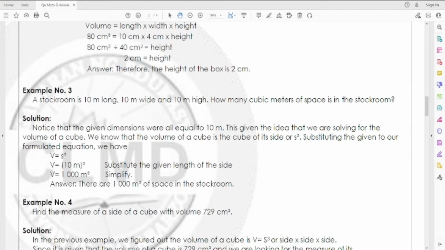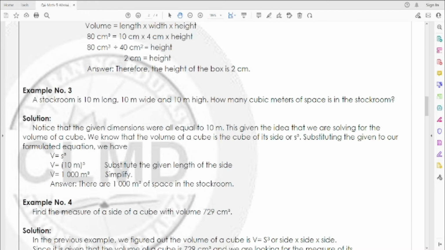This gives the idea that we are solving for the volume of a cube. We know that the volume of a cube is the cube of its sides, or S cubed. Substituting the given to our formula, we have V is equal to S to the third power. Then V is equal to 10 meter.